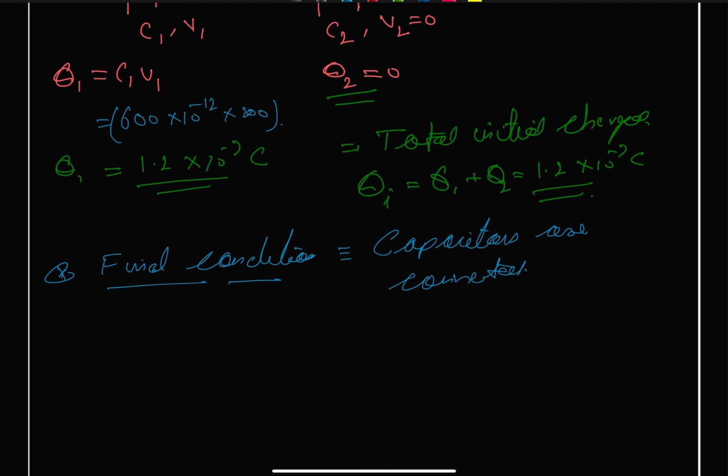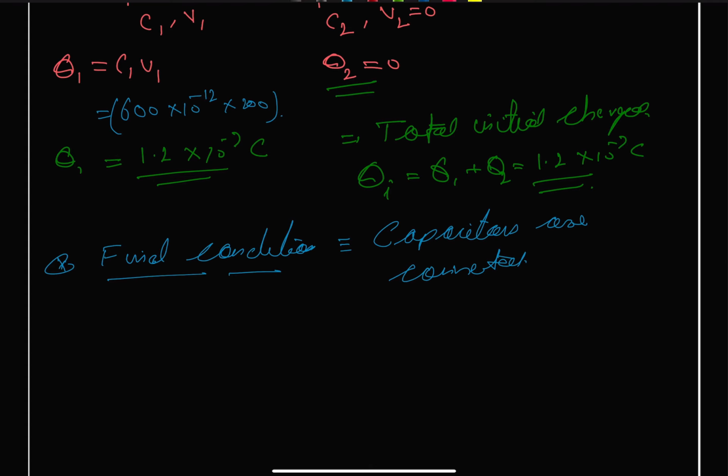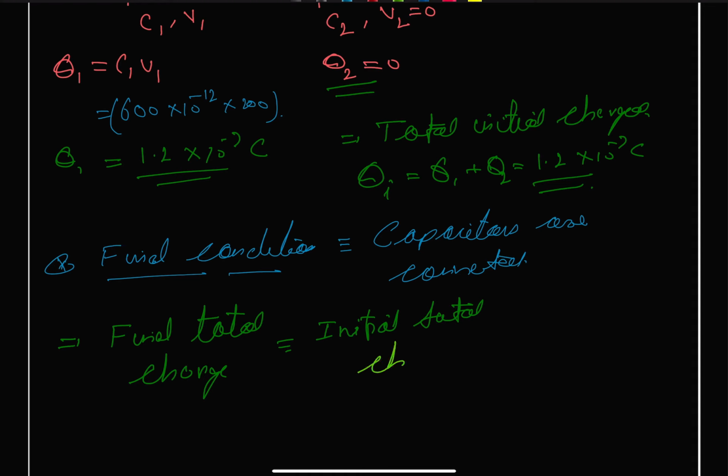And you can say that final total charge will be equal to initial total charge. So we can say our Q final will be equal to Q initial, which is our 1.2 into 10 to the power minus 7 coulombs.